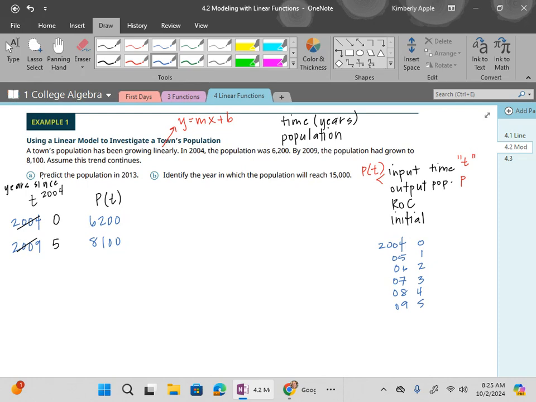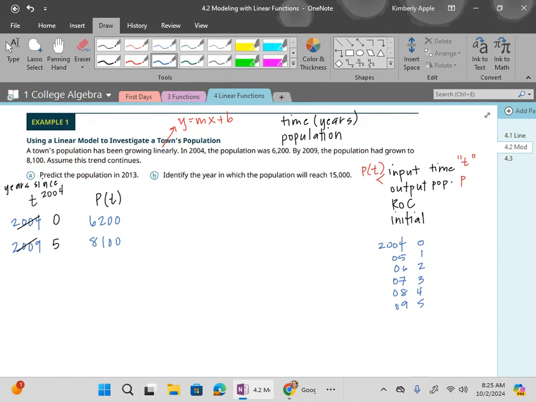So instead of years since year 0, now I've just shifted everything. And you can do this with linear functions. You can always make that shift to where you make the first one 0, and then we're just counting up from there. So do you agree that 2009 would correspond to 5 years since 2004? Make sense?